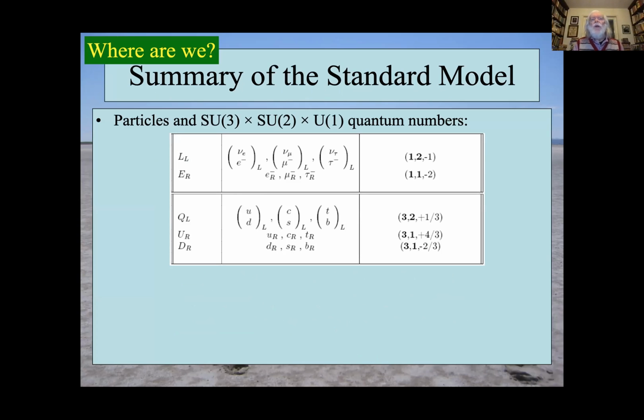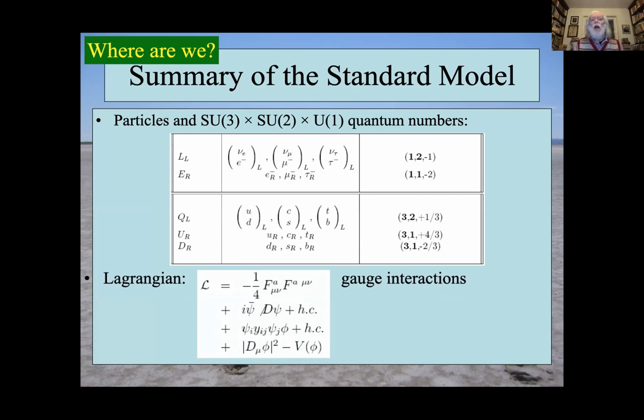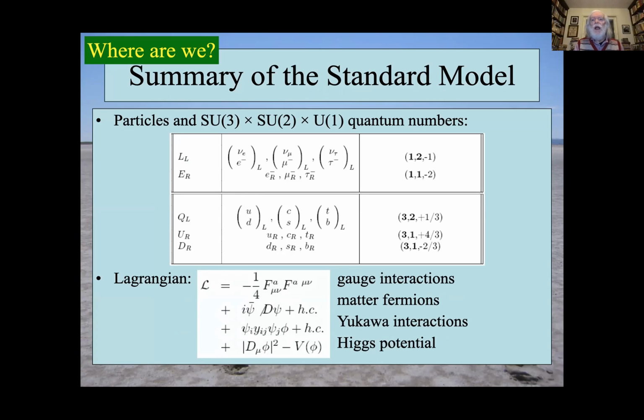So where are we? Here are the matter particles appearing in the standard model with their SU(3) cross SU(2) cross U(1) quantum numbers, which are of course extremely well established. Correspondingly, we have this Lagrangian here. The gauge interactions and the interactions of the matter fermions have been tested extremely well, with a precision better than 0.1% already before the LHC got started.